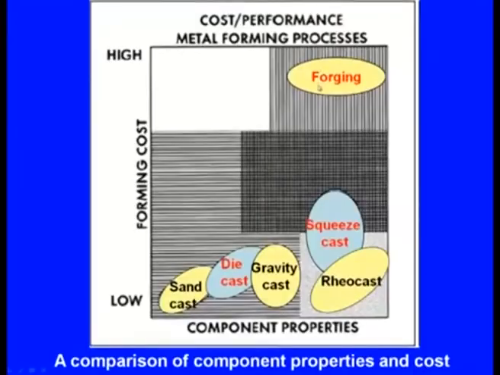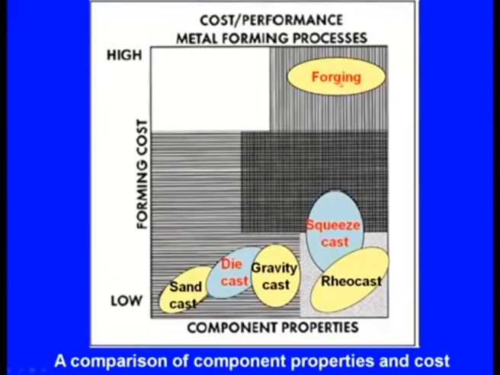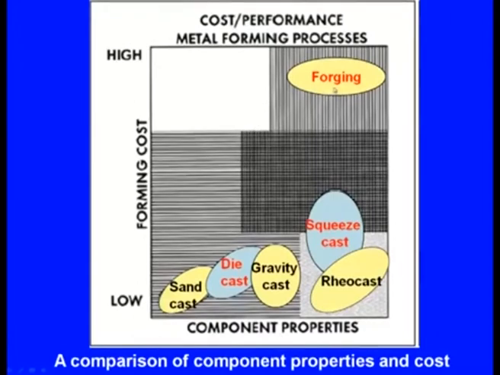Now, here we can see this is the forging. When we look at this forging, one thing we can notice is that the properties are very good. The x axis indicates the component properties are very good, but what about the cost of production? The cost of production is also very high in the case of the forging.